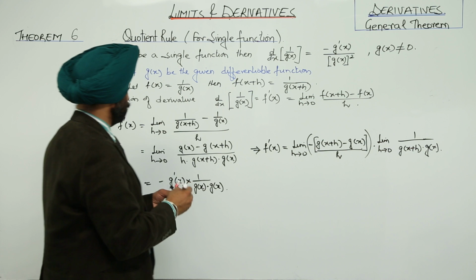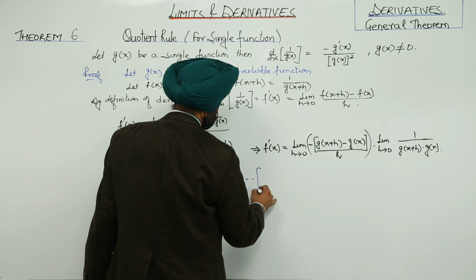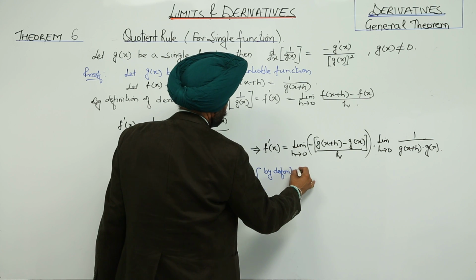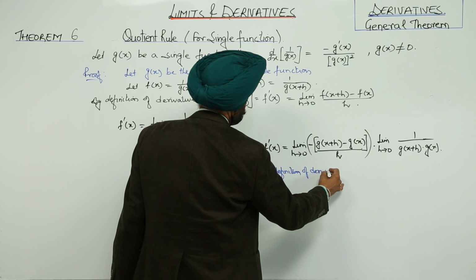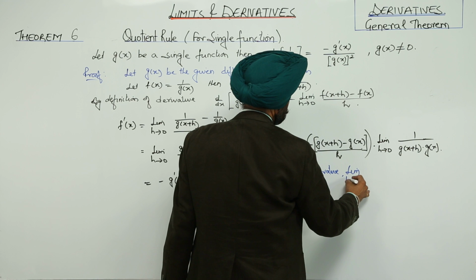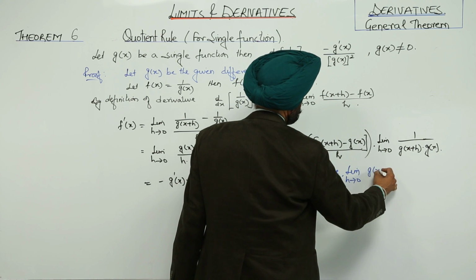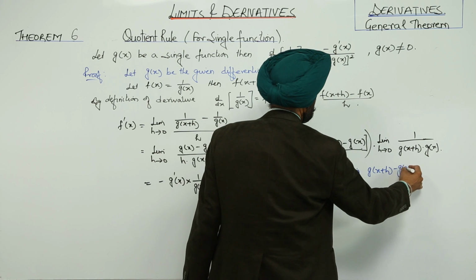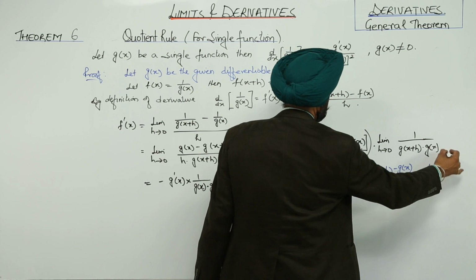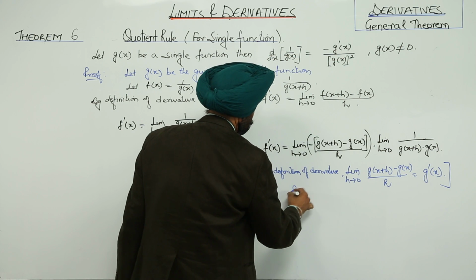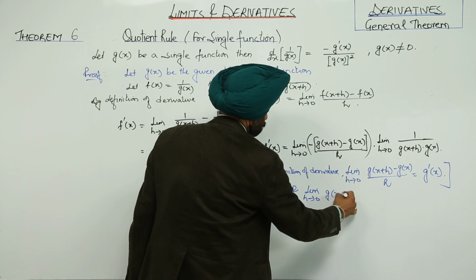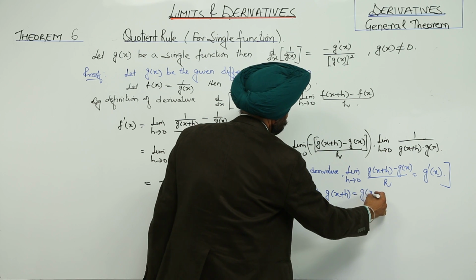Now what changes have we done? By the definition of derivative, the limit as h approaches 0 of (g(x+h) - g(x))/h is g'(x), and the limit as h approaches 0 of g(x+h) is equal to g(x).